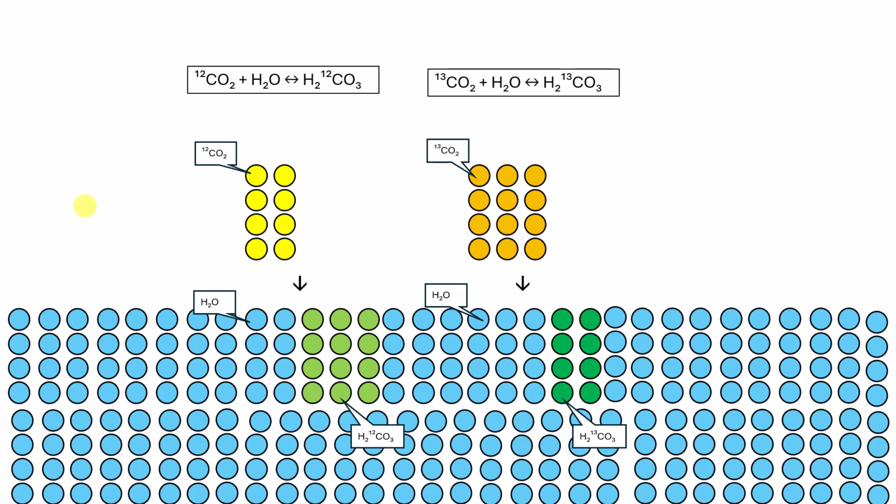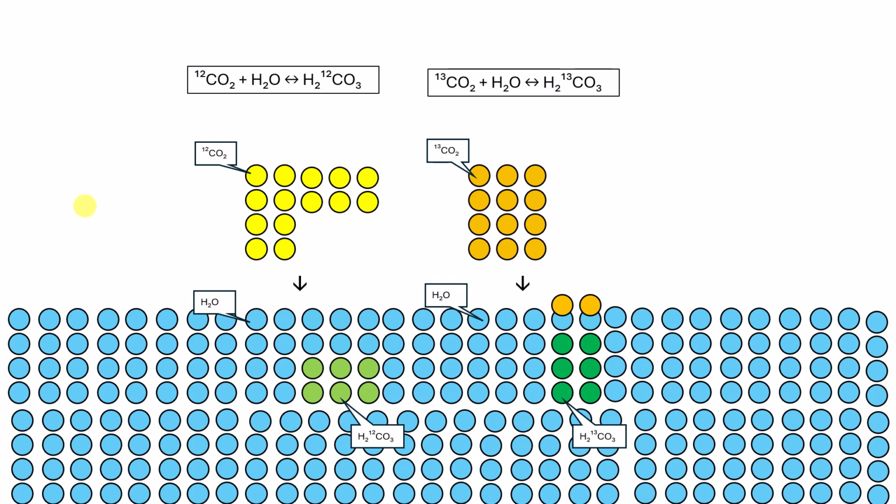Now, the change that I'm going to do is that out of these 12 H2 12CO3, I'm going to break up 6 into carbon dioxide and water. So that is 50%, 6 out of 12. And out of these 8, I'm going to break up 2, which is 25% of 8.